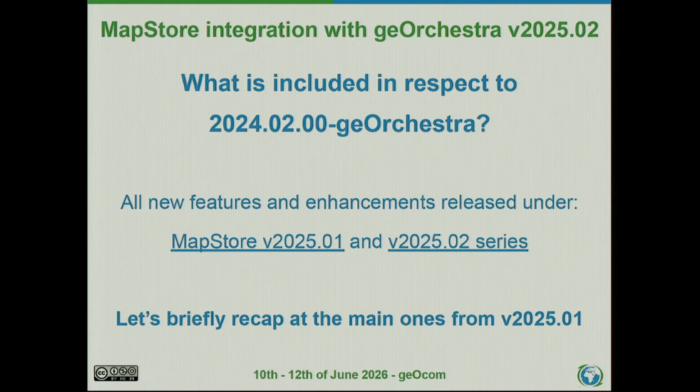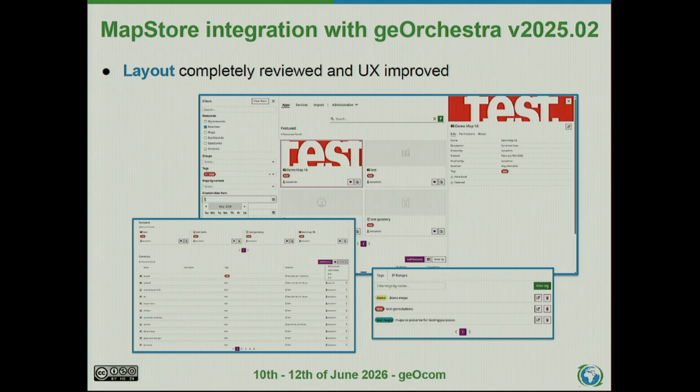If you remember, for those who joined the geOcom 2025, I have already presented last year what was released as part of this version, which includes a completely reviewed layout, at least for the home page and all other relevant components like the application header, application bar, toolbar, the resource details, as well as enriched capabilities for browsing, organizing, categorizing, and filtering resources within the MapStore catalog.